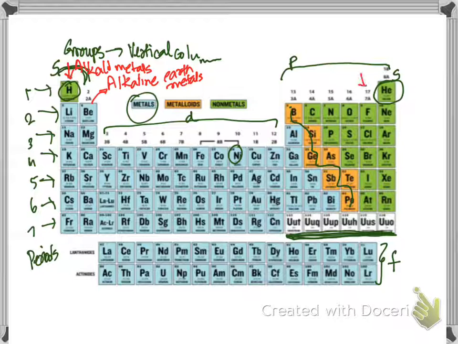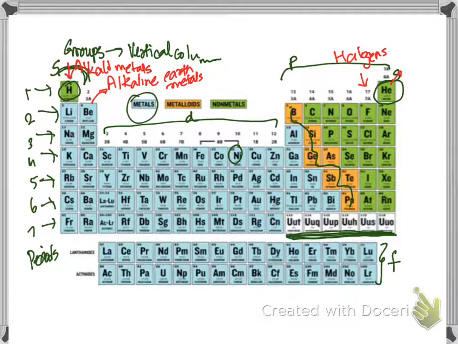Seventh A group elements are known as halogens, and 8th A group elements are known as noble gases.